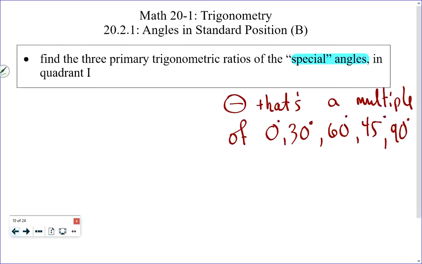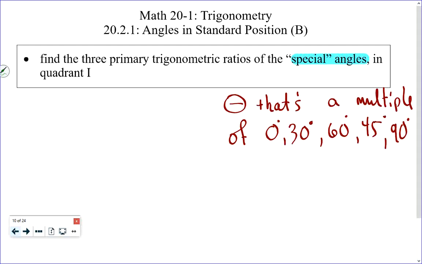It means you should be able to, at the end of this lesson, tell me what the sine of 45 degrees is without using a calculator. You should be able to figure out what the tangent of 60 degrees is without using a calculator. That's what we mean by the three primary trigonometric ratios.